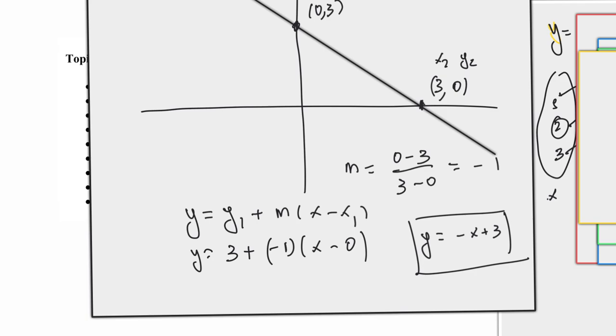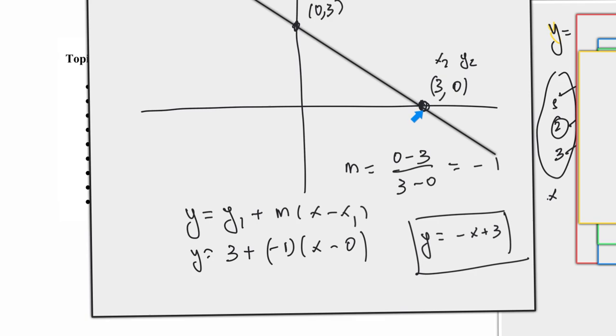And this equation intersects the x-axis at the point 3, 0, and intersects the y-axis at the point 0, 3. The y-axis is this one. Given this equation, how will we find the points of intersection?